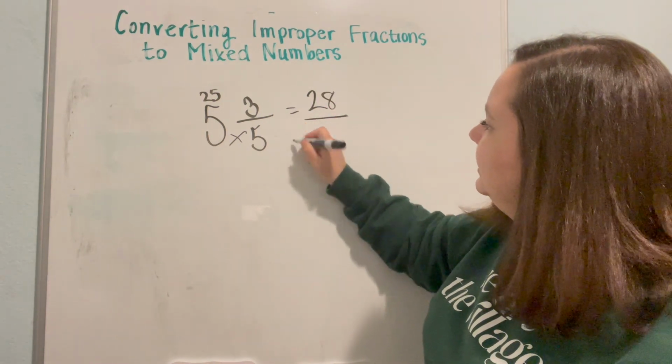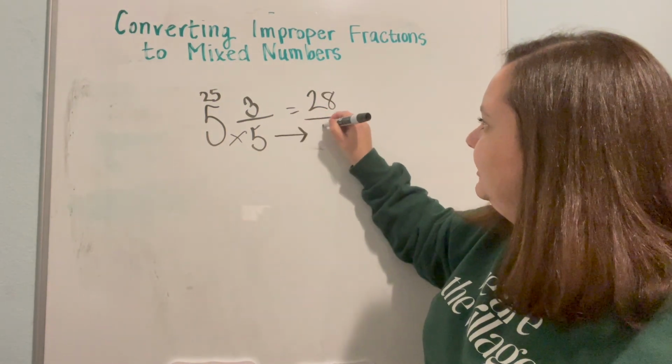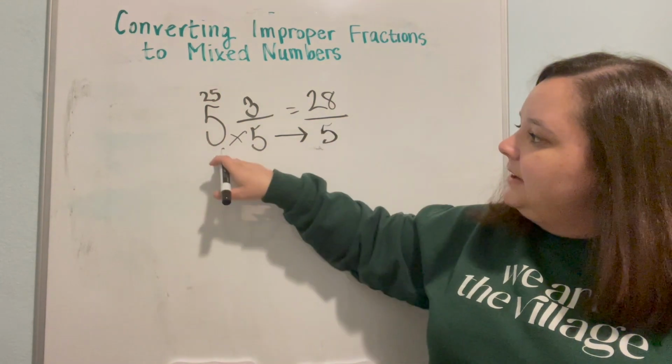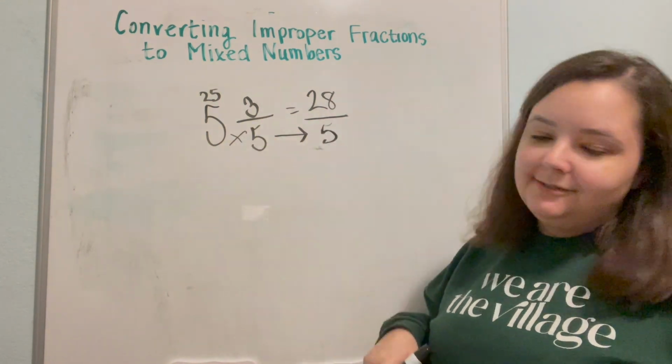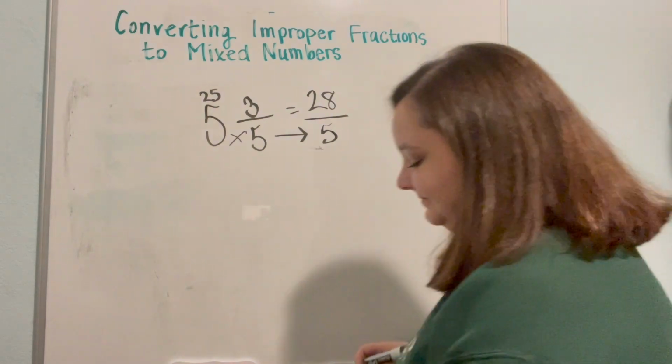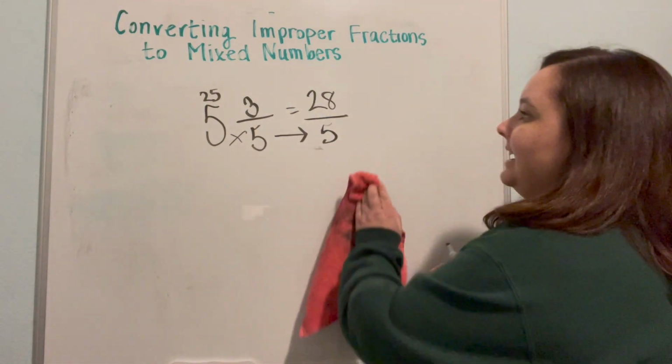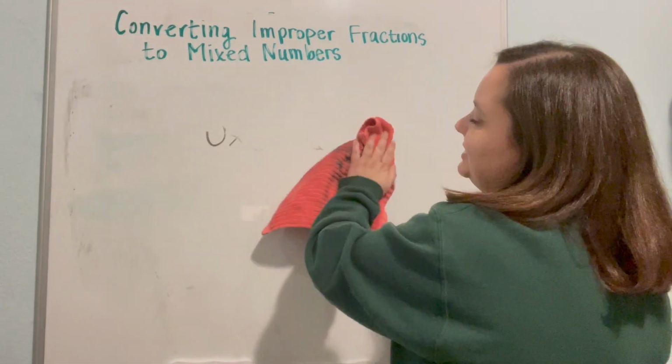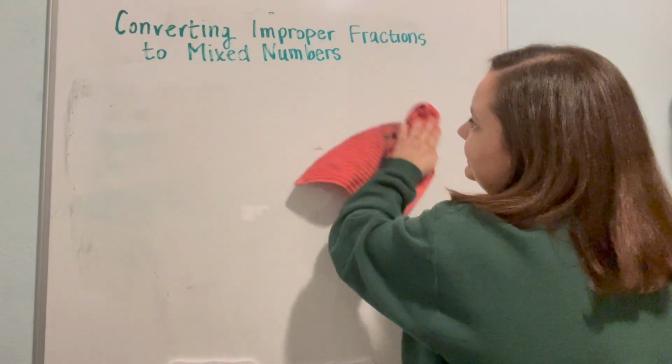And our denominator stays the same, it just moves right on over. So our 5 and 3/5 becomes 28/5. And that is how we convert improper fractions to mixed numbers and vice versa.